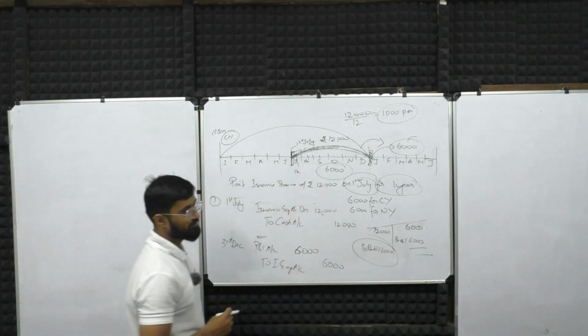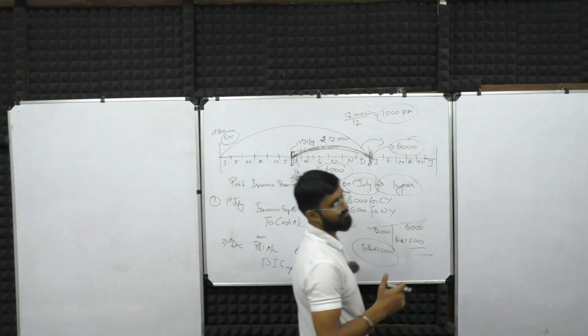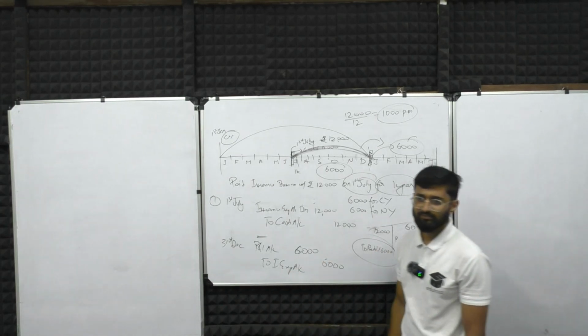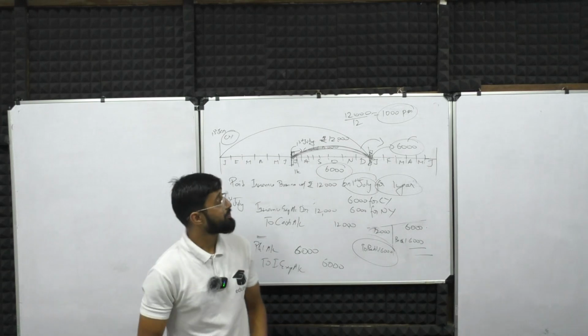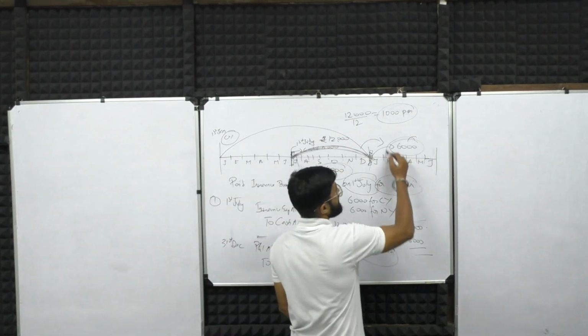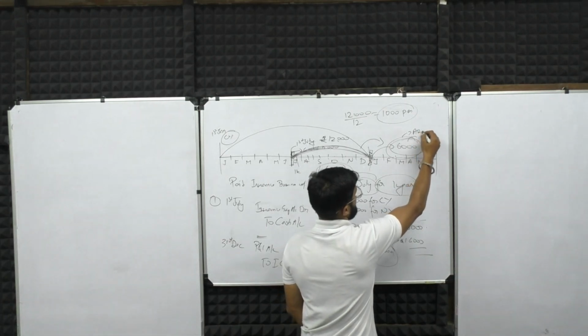It goes on the asset side. Assets will always have a debit balance. So 6,000 here is an asset for us: the prepaid expense.